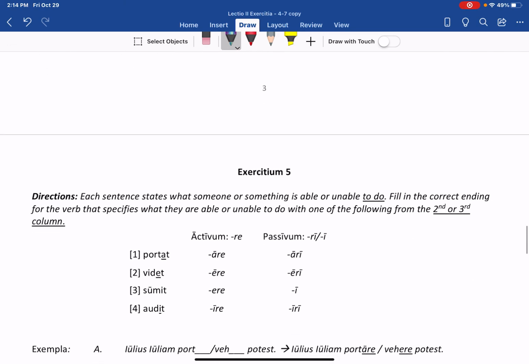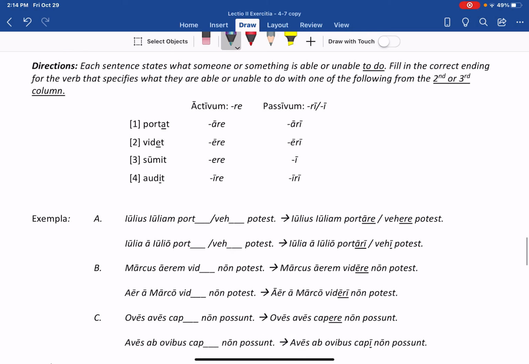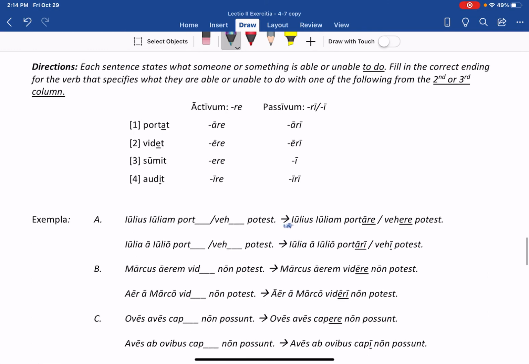Number 5. In this one, you are using both active and passive infinitives. So you see in the examples that they have given, you see the example Julius Juliam portare or vehere potest. Julius Juliam portare potest. And then when we make that passive, it becomes Julia ab Julio portari potest.